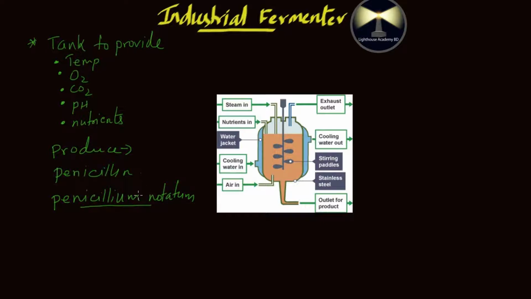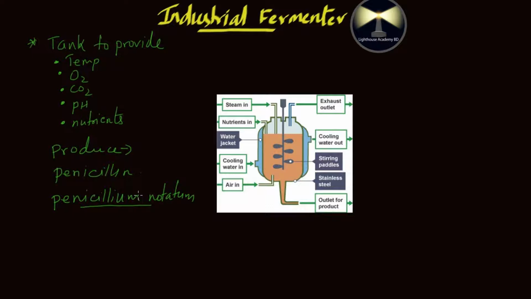This is the most important microorganism, you can say, in the history of humankind. It produces penicillin, and with the help of penicillin we are able to produce antibiotics. In industries, Penicillium notatum is nurtured. We know bacteria have the ability to multiply, so we use that ability.